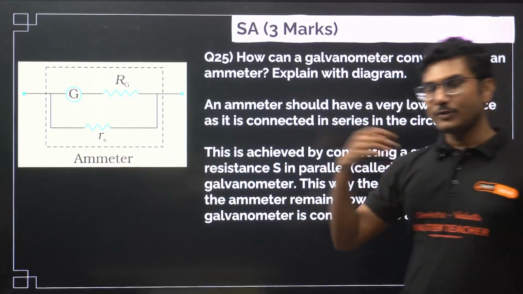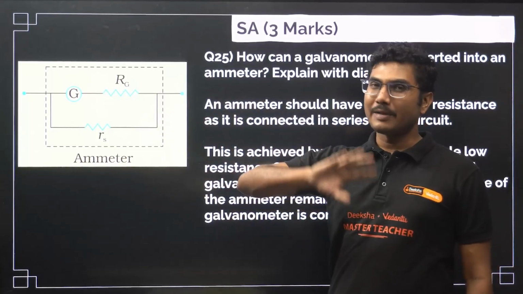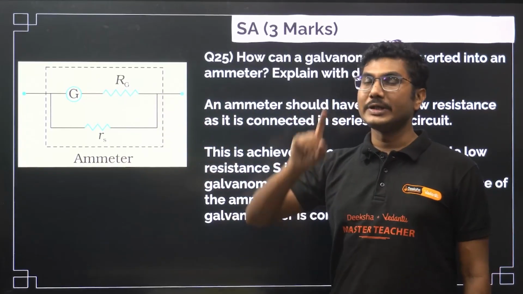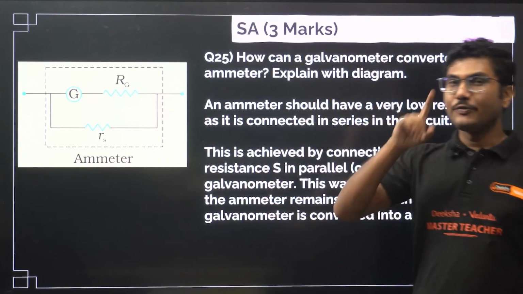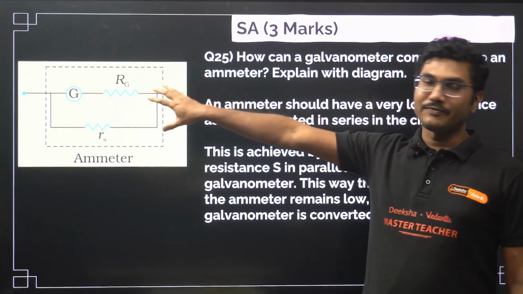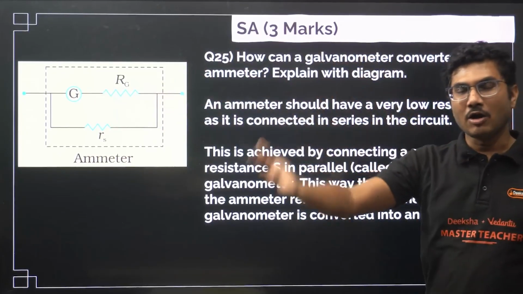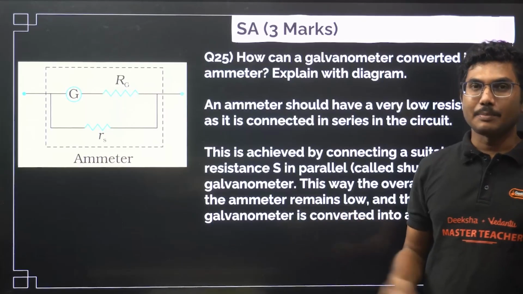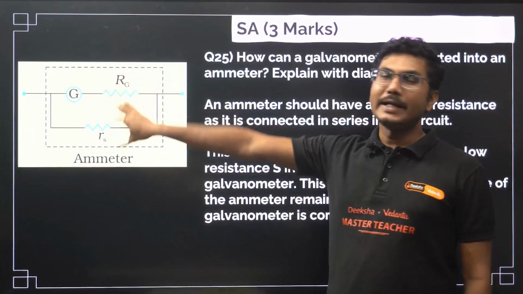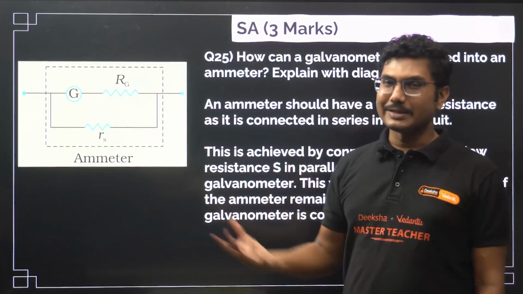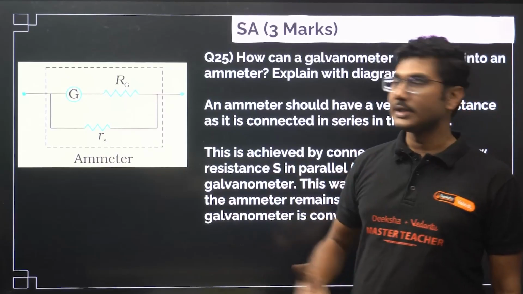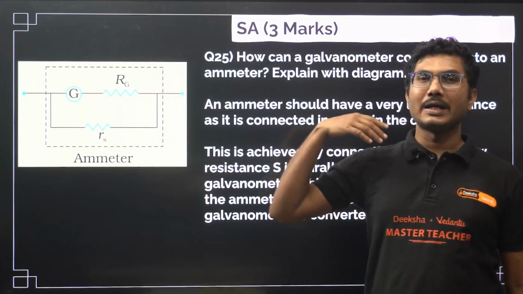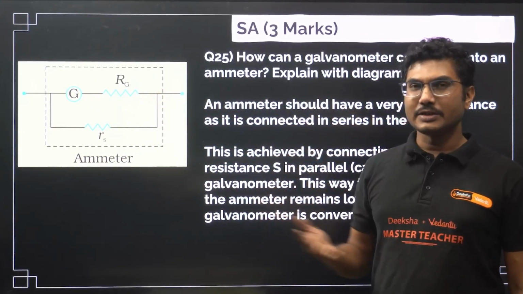Similarly, in actual practical uses, voltmeters and ammeters are not used, they are only used in the testing phase. If you get a wrong result during the testing phase, then your design may not work in practical purposes. That is why an ideal voltmeter should have a high resistance and an ideal ammeter should have a low resistance, so that it does not affect the original resistance of the circuit.